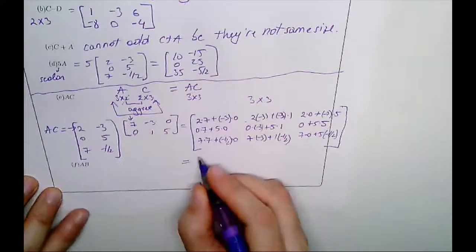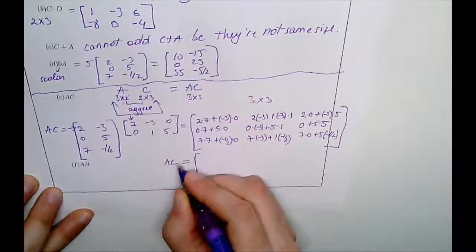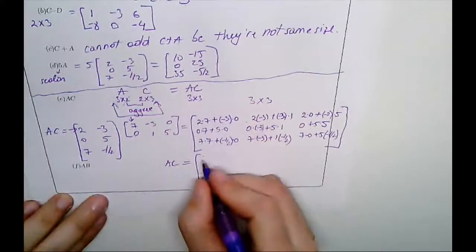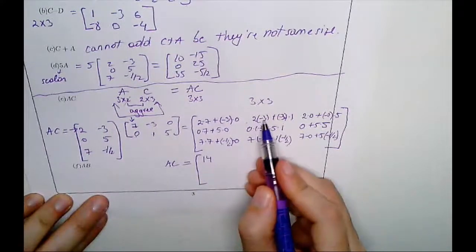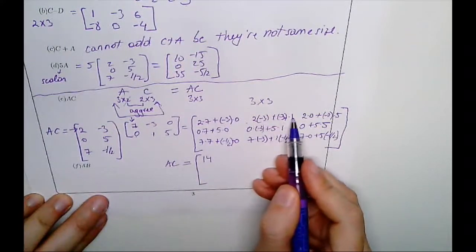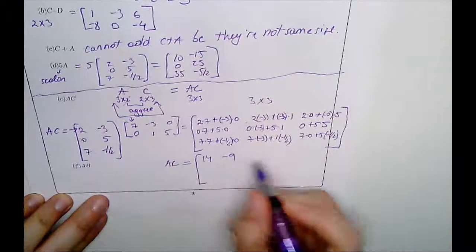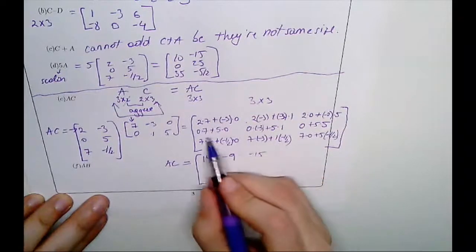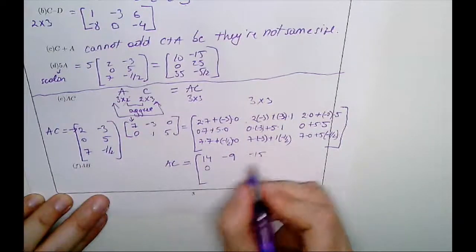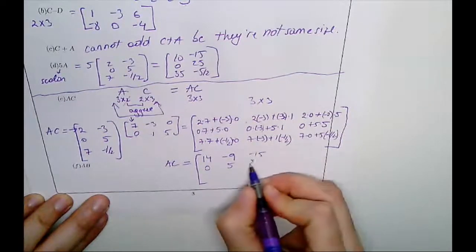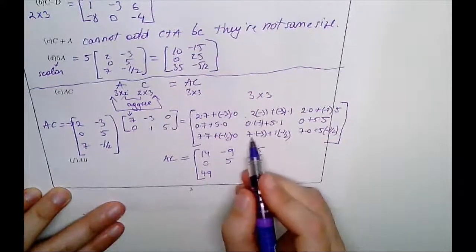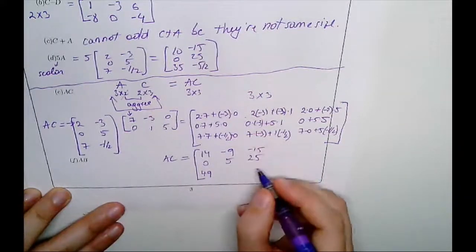Okay, so my answer for A times C is going to be 2 times 7, 14 plus 0, so just 14, negative 6 minus 3, negative 9, 0, negative 3 times 5, negative 15, and then 0, and then 5, and then 25, and then 49, negative 21 minus 1/2.